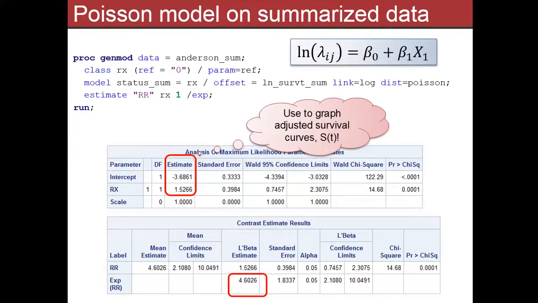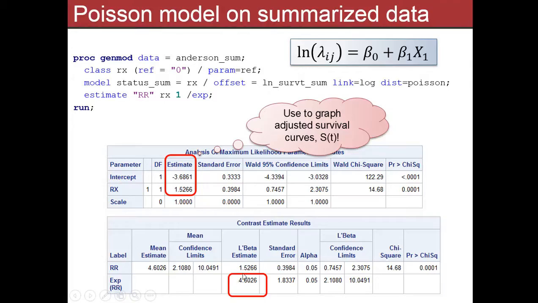So we get some cool pieces of output from Poisson regression. We get what it calls the rate ratio, but it's really the hazard ratio. The hazard rate is a rate, so we're getting a rate ratio, and it's all the same stuff.